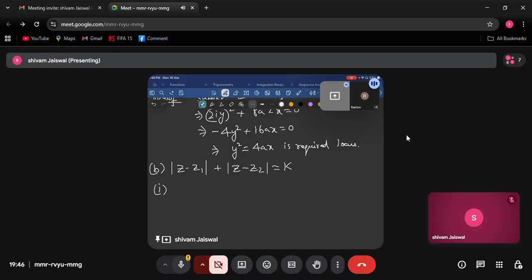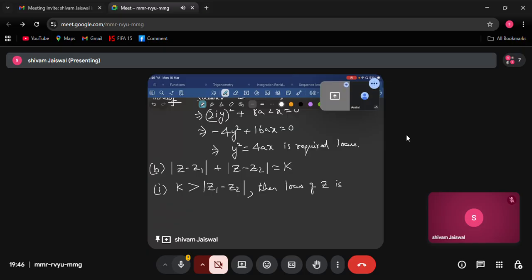But there is a condition when it should represent an ellipse. Number 1, when k is greater than mod of z1 minus z2, right? Sum of any two sides should be greater than the third side, right?